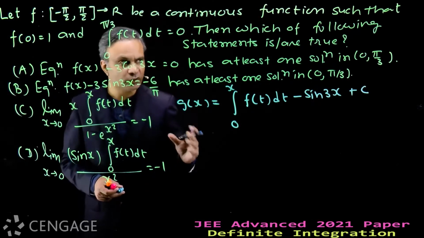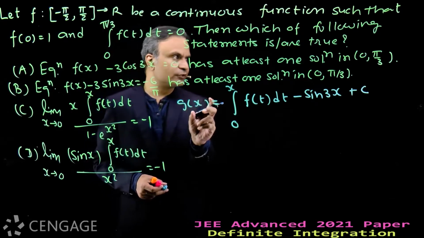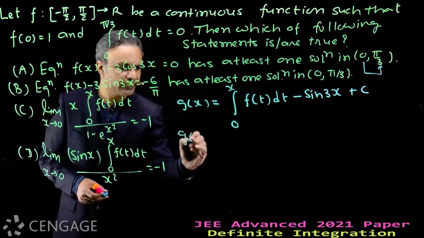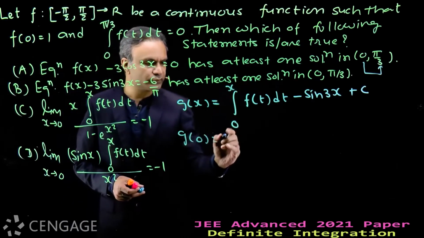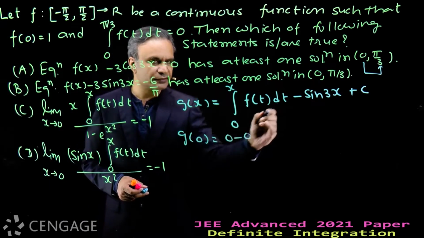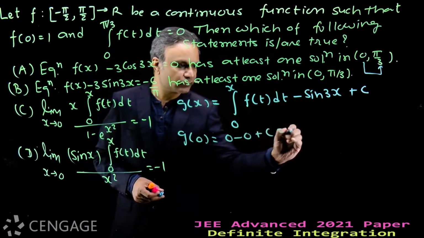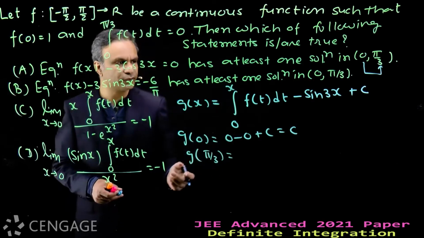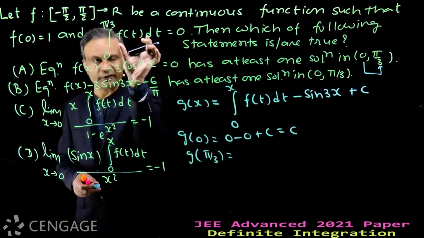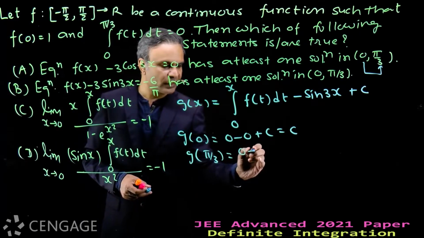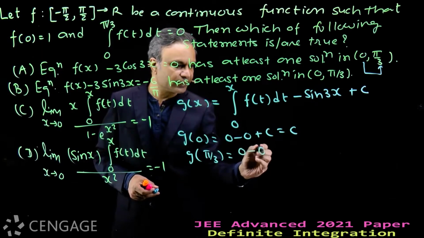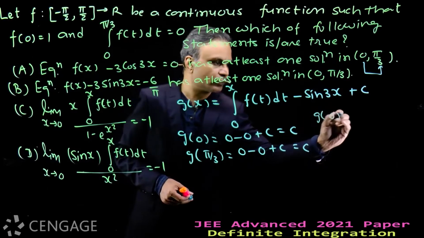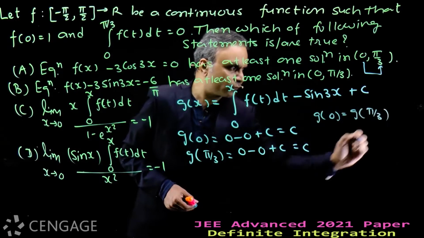Now for Rolle's theorem we check the value of function g(x) at x equal to 0 and x equal to pi by 3. We find g of 0: put x equal to 0, we find 0 minus 0, since sine 0 is 0, plus c, which is equal to c. And g of pi by 3: we replace x with pi by 3 and the value of this definite integral is 0, this is given. So we have 0 minus sine pi, which is 0, plus constant c, which is equal to c. So g of 0 equals g of pi by 3.